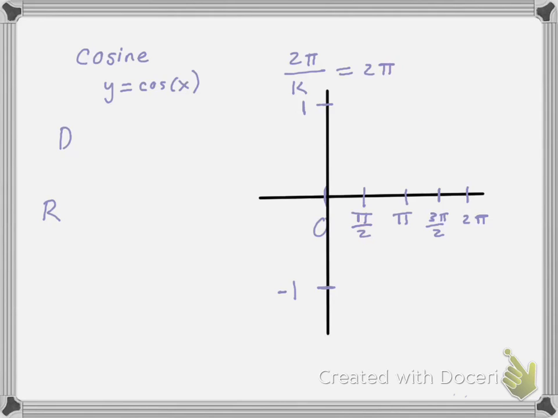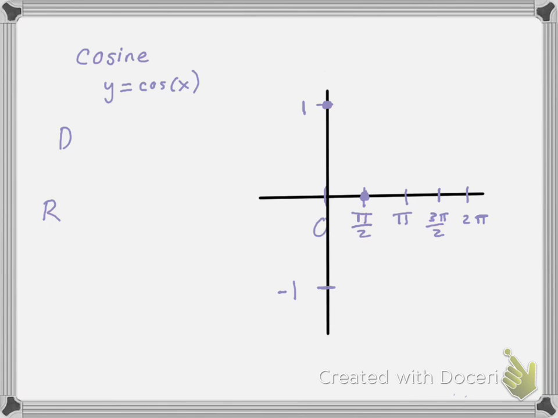Now, in terms of actually graphing this, we need to think about when cosine hits those 1s, -1s, and 0s. And then we can graph what's in between. So when x is 0, cosine hits a point of 1. When x reaches pi over 2, it drops to 0.